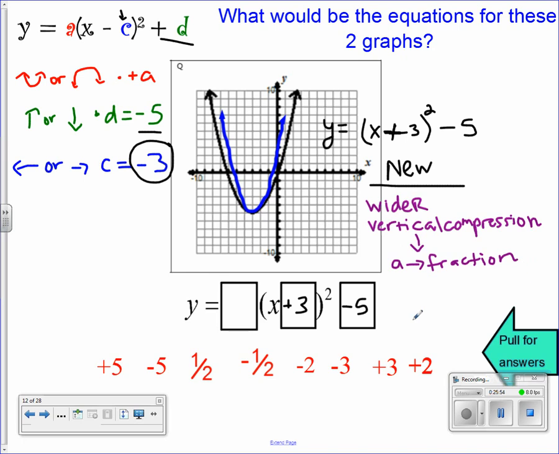So if I look at all my choices, the only fractions are -1/2 and +1/2. But I know that my parabola opens upwards, so I have a positive a value, so my fraction is going to be +1/2.